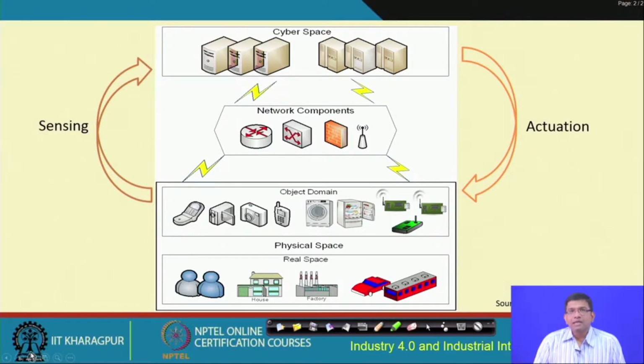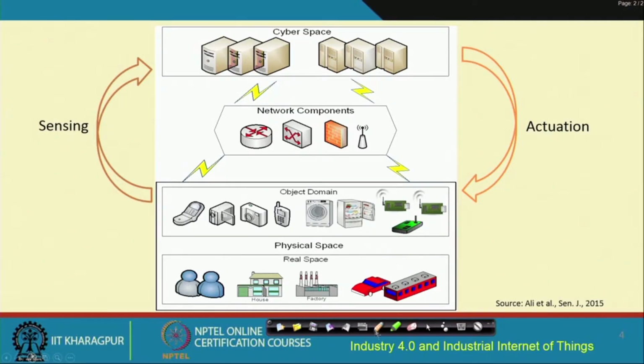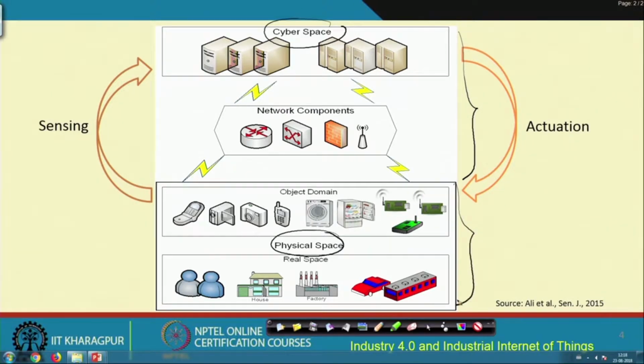These systems would help in building the cyber physical system. In the cyber physical system you have the physical space and you have the cyber space, and the interaction between them makes it the cyber physical system.